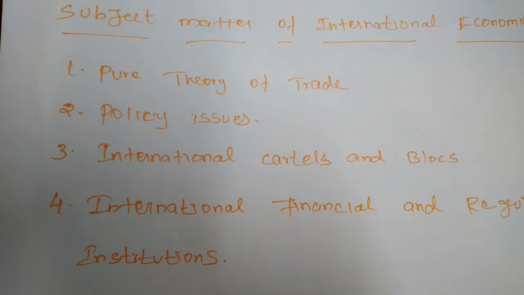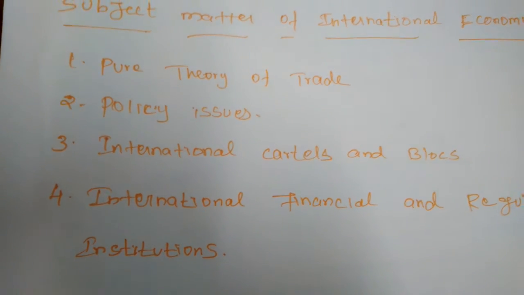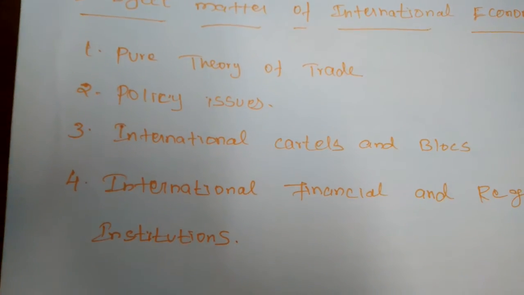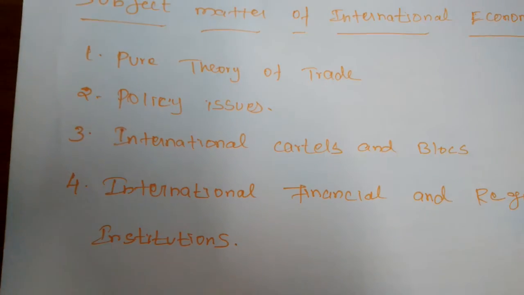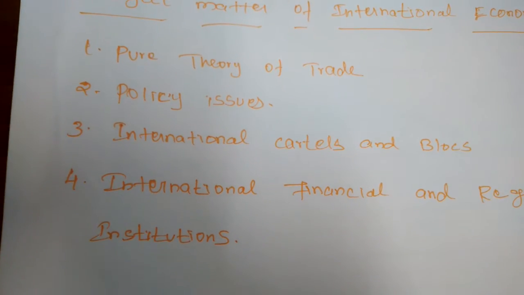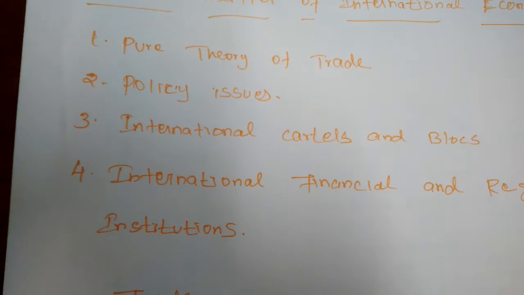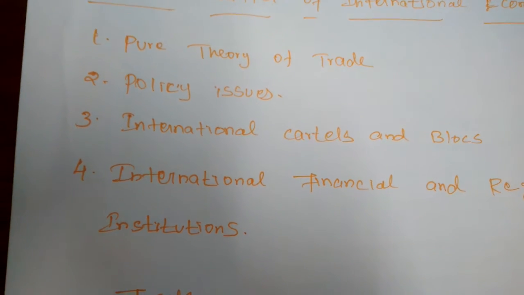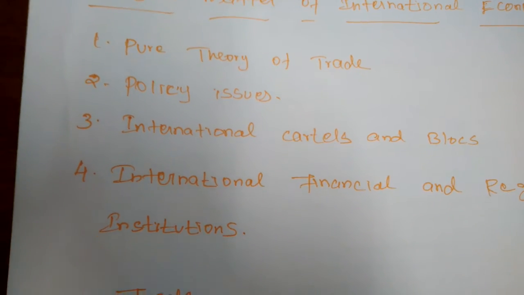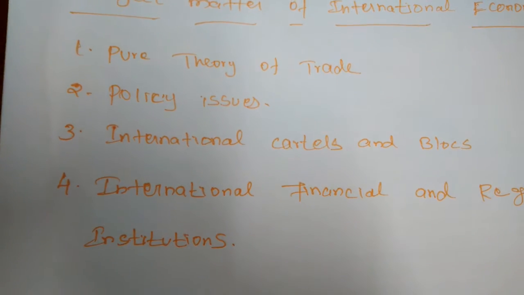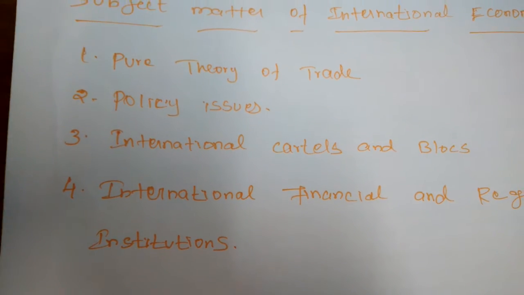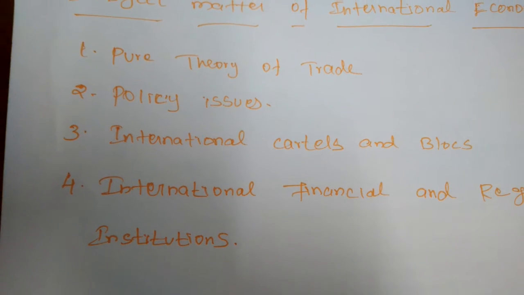The first one is the pure theory of trade. In international economics, the pure theory of trade is one of the components. These components explain the causes for foreign trade: for what reasons foreign trade appeared or was arranged, and the composition, direction and volume of trade.